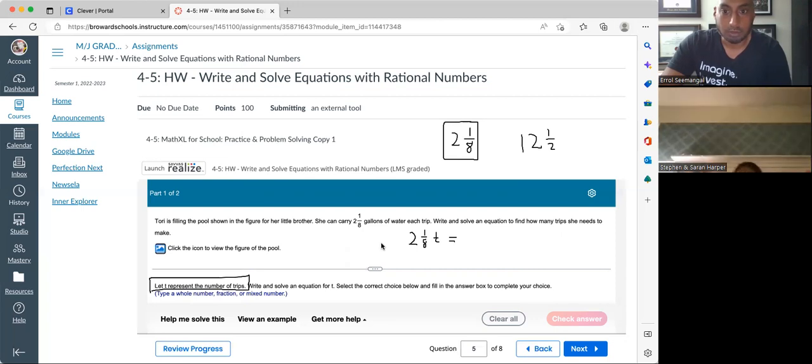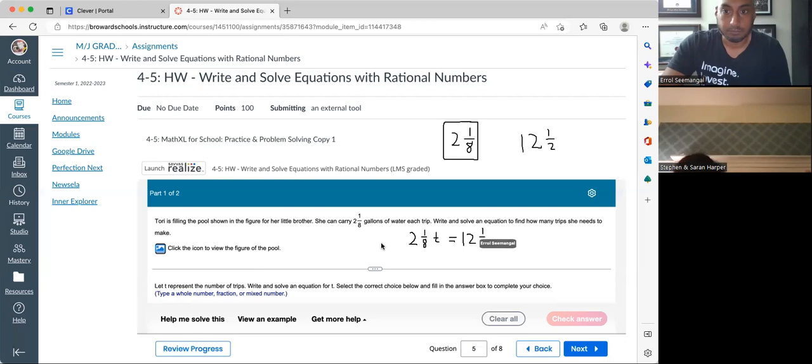But we have to do 12 and a half. Not minus, not added, not multiplied. Dividing. Why is it dividing?